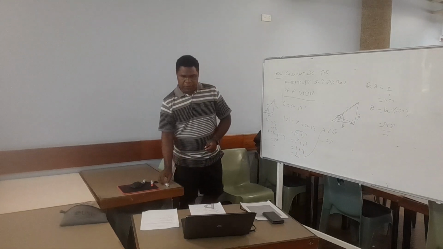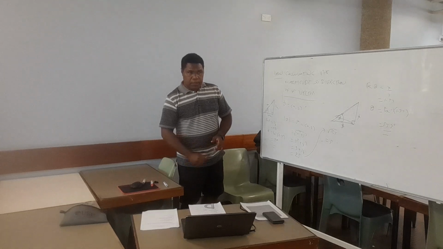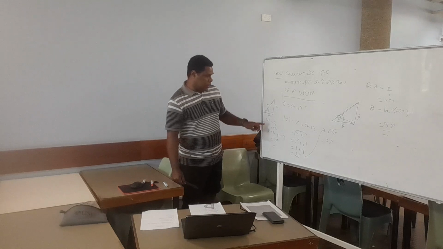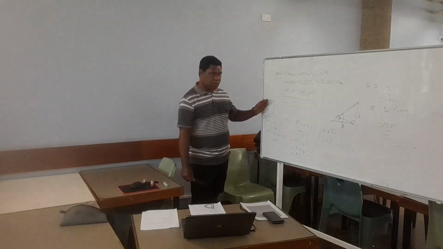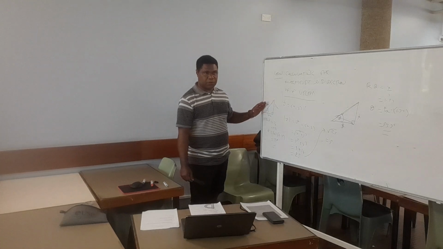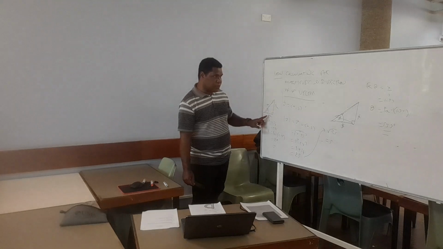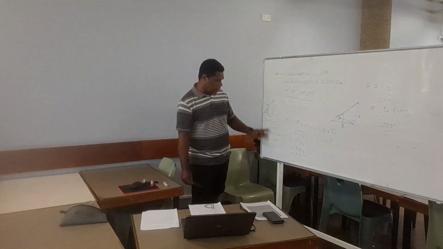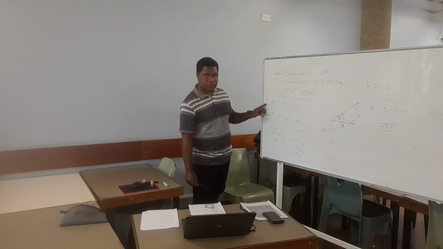Now, take note of that one, class. You can see from the group work that you have done, from the north, this is 4, this is 3 centimeters, and this one is 5 centimeters. Once you apply this calculation in the formula, you will come to exactly the same 5 centimeters, no difference.